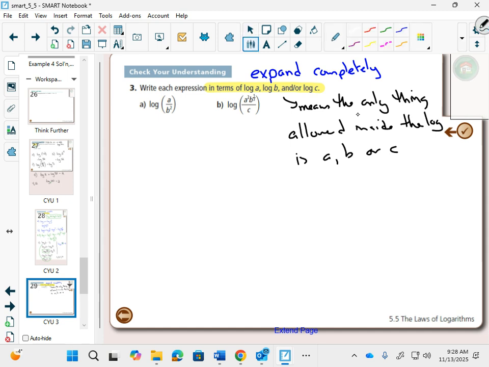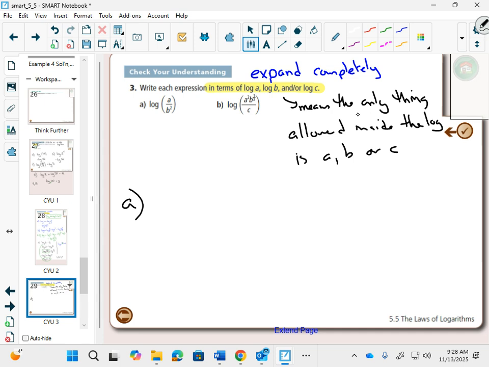So when you see this in terms of log A, log B, and or log C, they want you to expand completely. So now what we're doing when we expand completely is we're taking our log laws and we're taking the right-hand side and changing it to the left-hand side.